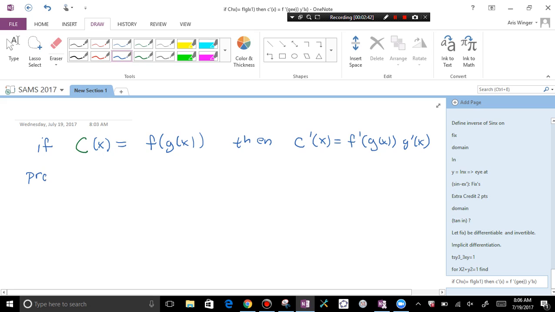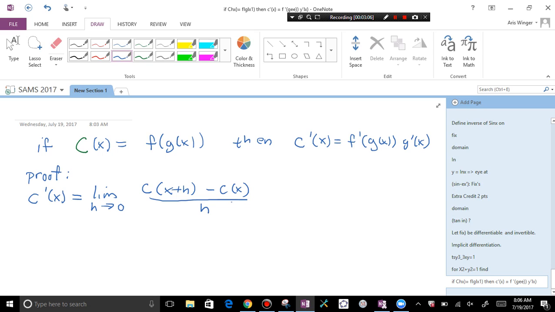Here's the proof of that. C prime of x is equal to, we're going to use a little bit of math magic here, the limit as h tends to 0 of c of x plus h minus c of x all over h. Now let me think for a moment whether it's going to matter to do it this way or using the other definition. Okay, this is fine.